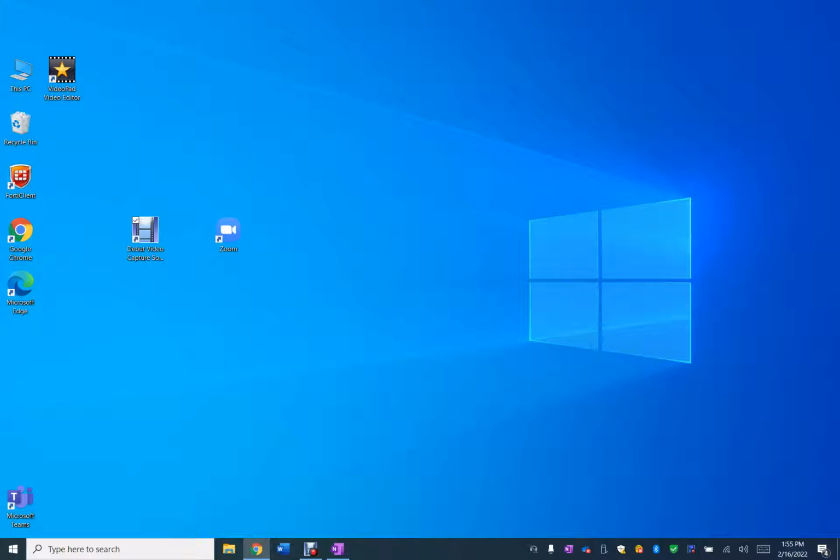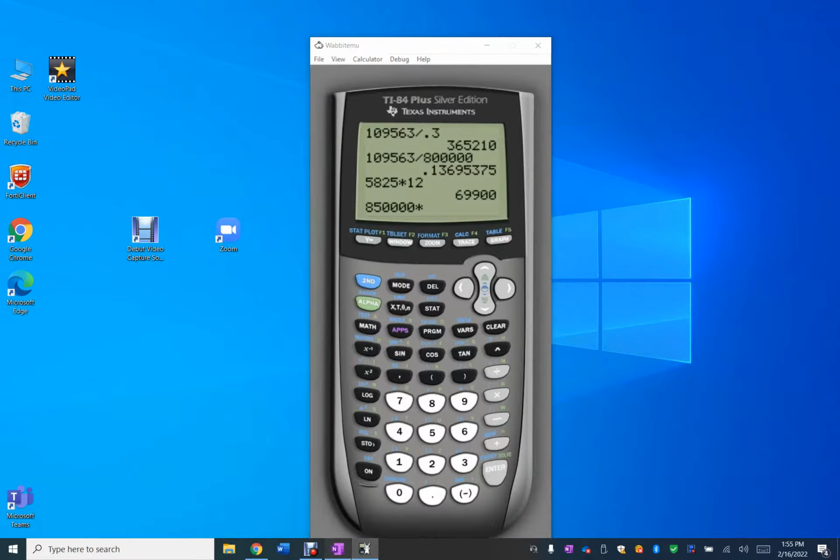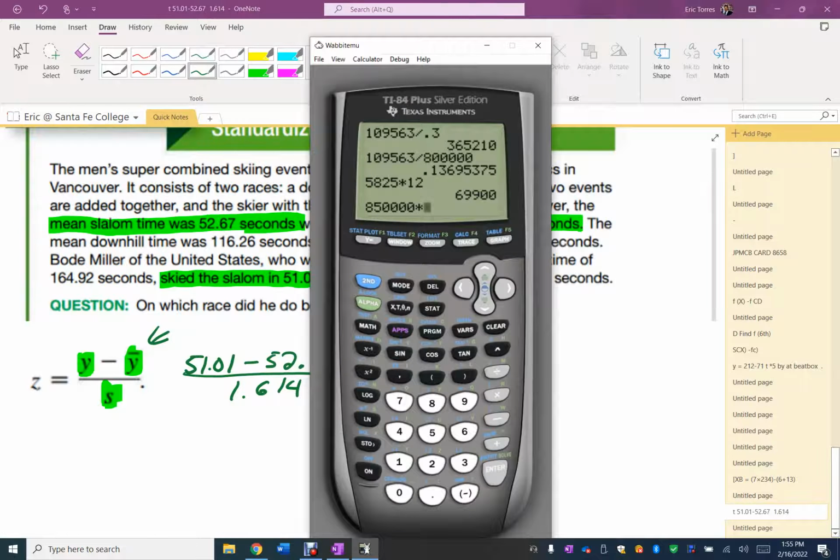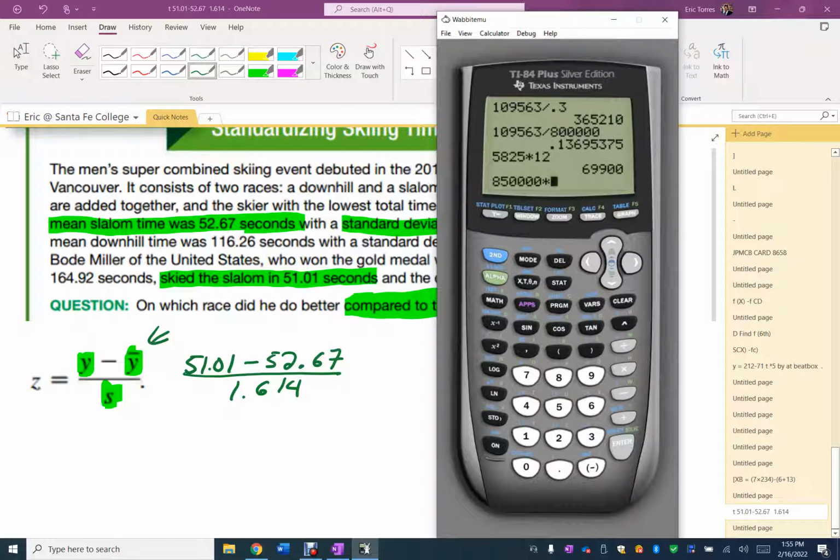Give me just 1 second. Okay, so hang on 1 second. So on my calculator, I'm going to do 51.01 minus 52.67.